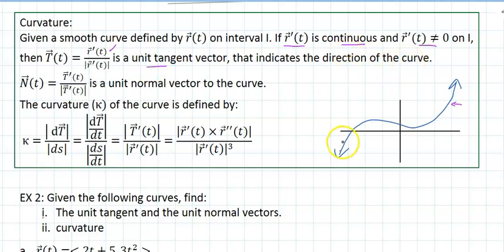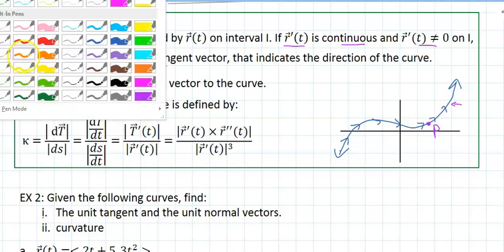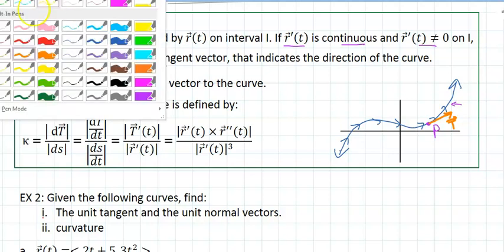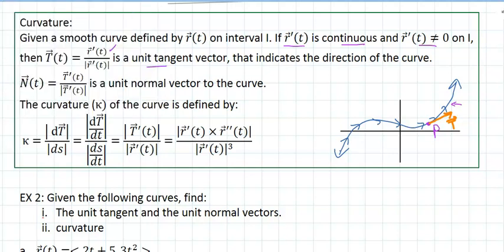So, if this curve happened to have the following direction, if you pick a point P, let's say you pick this point. At a point P, the unit tangent will be pointing in the direction of the actual direction.